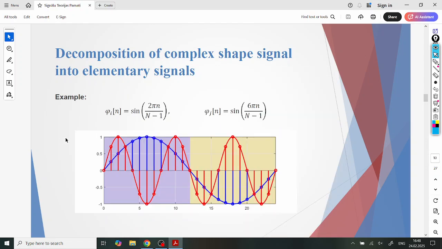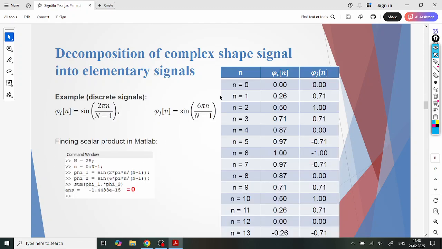Now, here you may have noticed, in addition to this blue line, I also have these blue and red stamps. These are specific samples for the discrete version of this signal. Now, for the discrete version, actually it's even easier than that, because you can calculate them as numbers, represent them as numbers like here, and basically just multiply these numbers one with another.